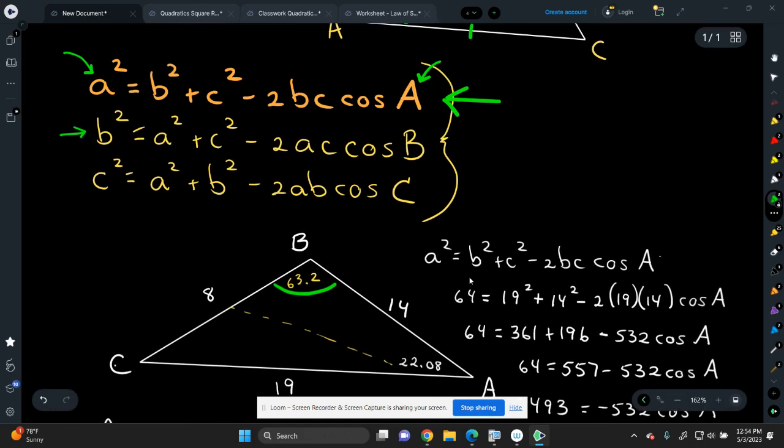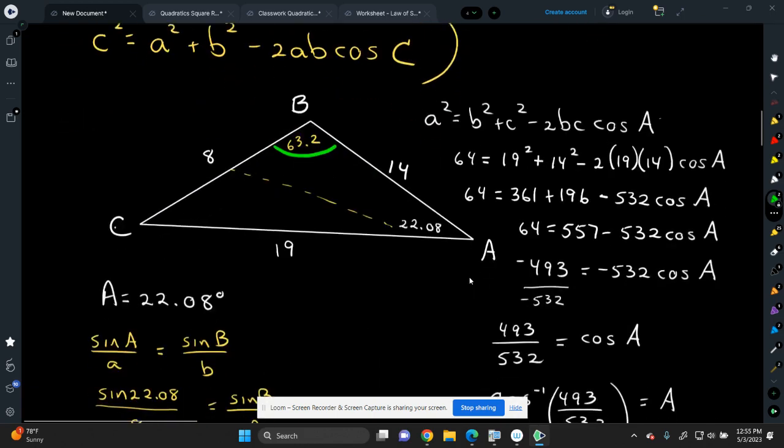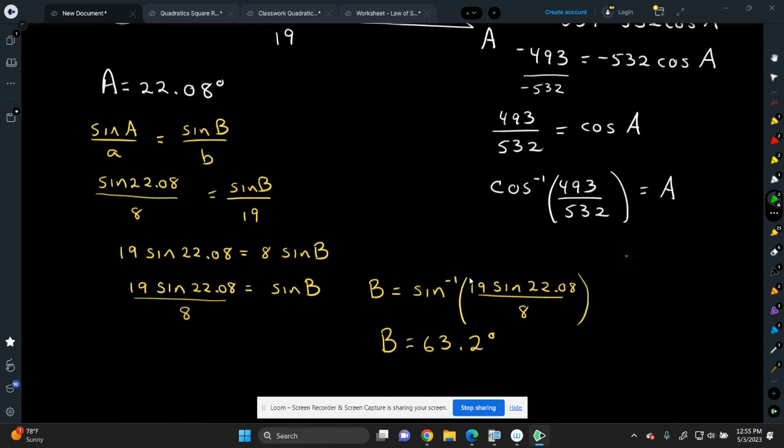I keep checking it. I keep getting like 116. Did I make a mistake with the law of sines? Did I write my numbers down correctly? Hold on a second.